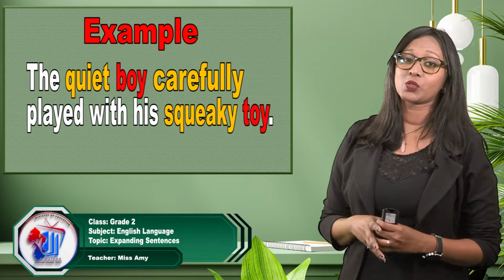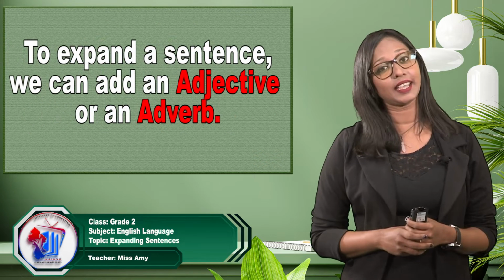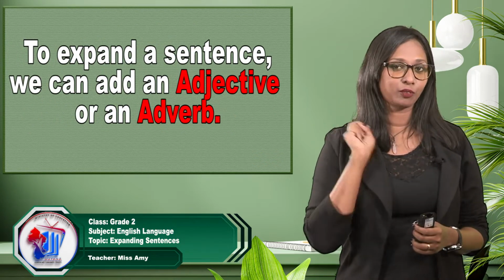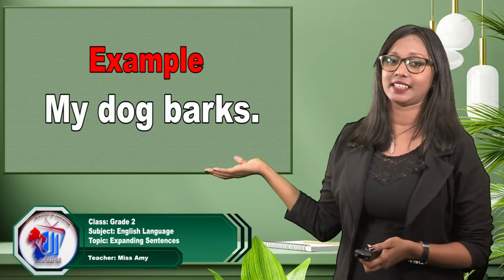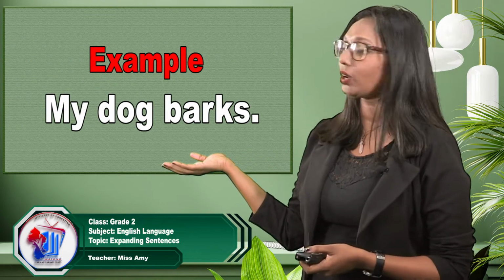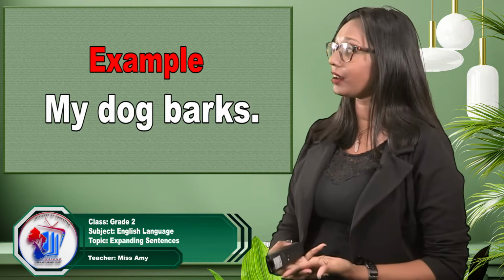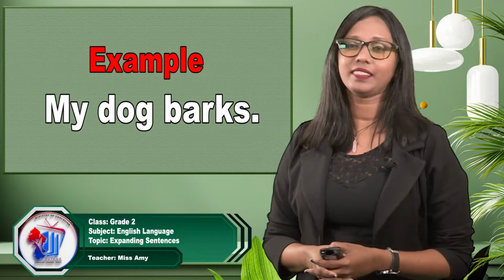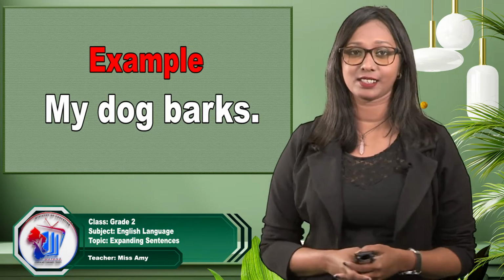Okay? So, to expand a sentence, we can add an adjective or an adverb. Alright? Now take a look at this sentence. My dog barks. The sentence is very short, and there isn't much information in this sentence.